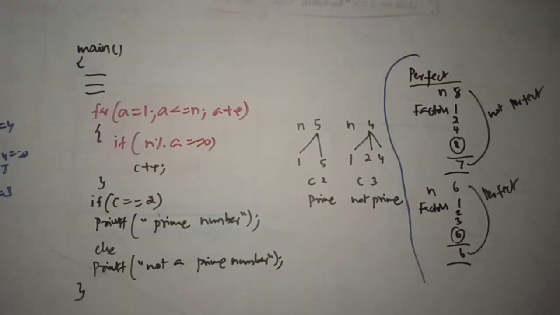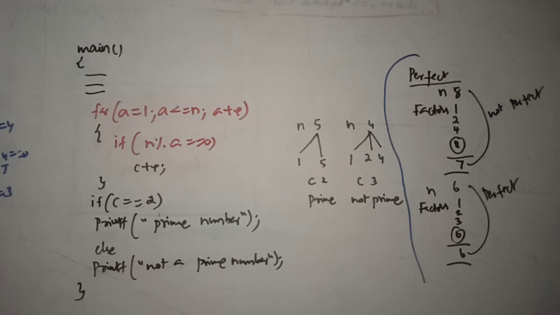So look at that perfect number. If n is 8, factors of 8: 1, 2, 4 and 8. Sum of factors other than that number. So you add other factors other than 8. 1, 2, 4 is 7. And original number is 8 and sum of factors is 7. So it is not perfect.